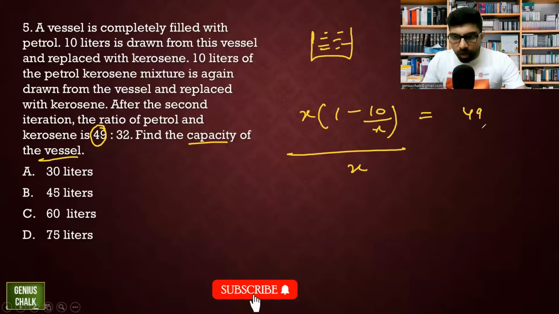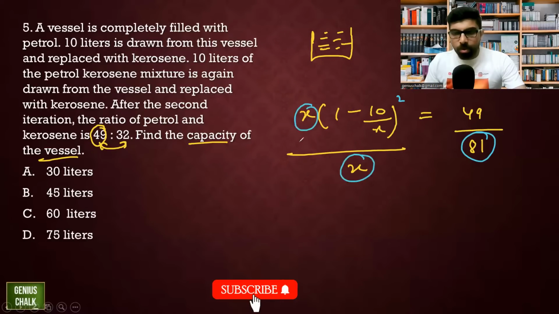It is 49. And what is the total, guys? Because x is the total, so I have to take it 81. Now you can solve it. I hope you are understanding, and this is square because it is happening twice. Why have I done this x dividing? Because the total is 81 and I need to find this x. Till I will not cancel this x, I will not be able to find it.